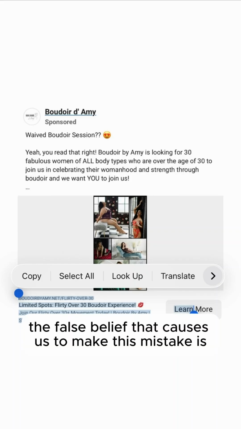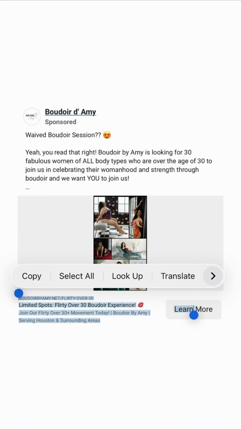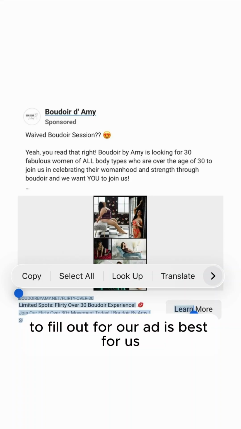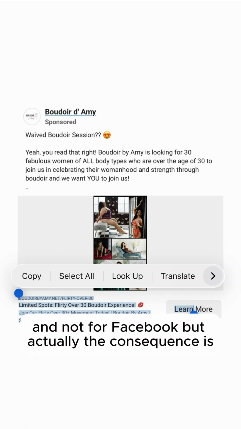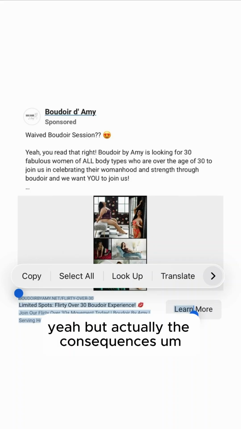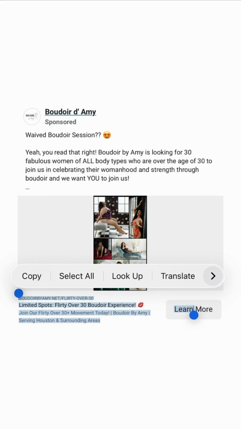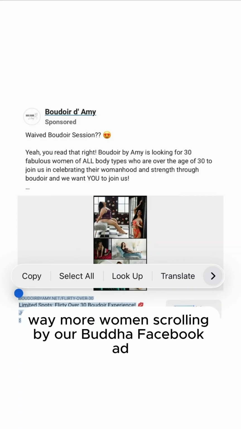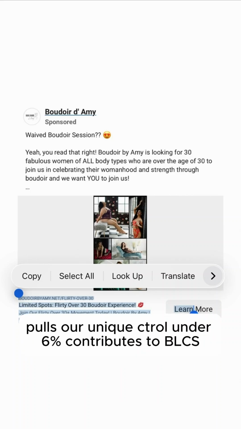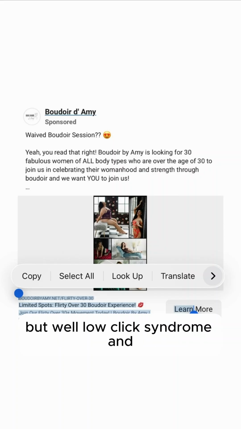The false belief that caused us to make this mistake is that we trust that what Facebook tells us to fill out for our ad is best for us, and not for Facebook. But the actual consequence is way more women scrolling by our Boudoir Facebook ad than necessary, which pulls our unique CTR under 6% and contributes to BLCS, Boudoir low click syndrome.